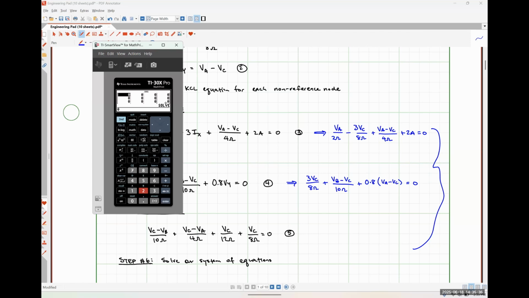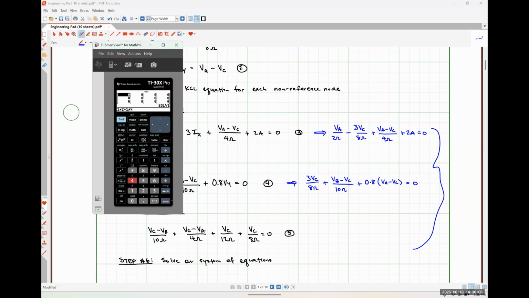So let's look at this first equation right here, okay? My three variables are VA, VB, and VC. So I really just want to figure out whatever the coefficient of VA is. So I have a factor of 1 over 2 from that first term. So I'm literally just going to do 1 over 2 plus I have a coefficient of 1 over 4 from that third term.